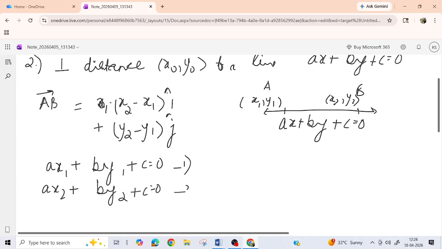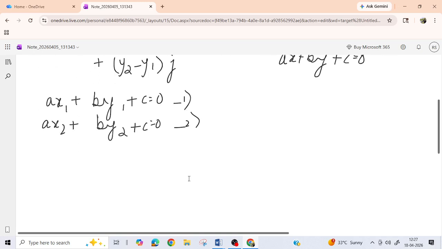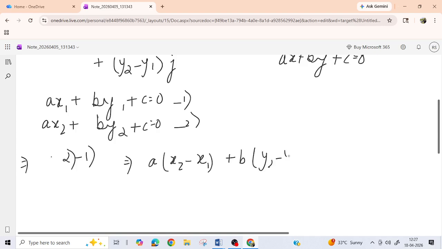We can write this. Now let's subtract these two. So 2 minus 1, it becomes a(x2 minus x1) plus b(y2 minus y1) equal to 0.